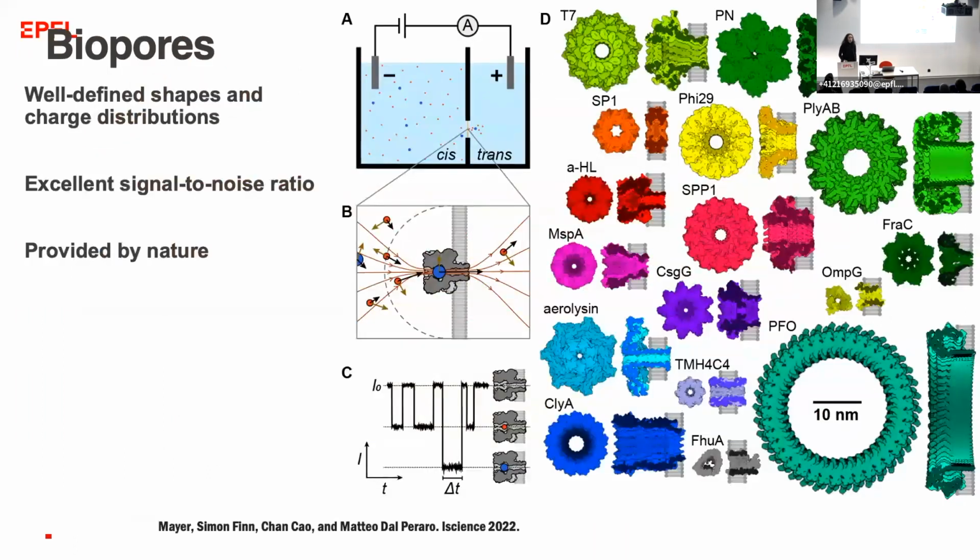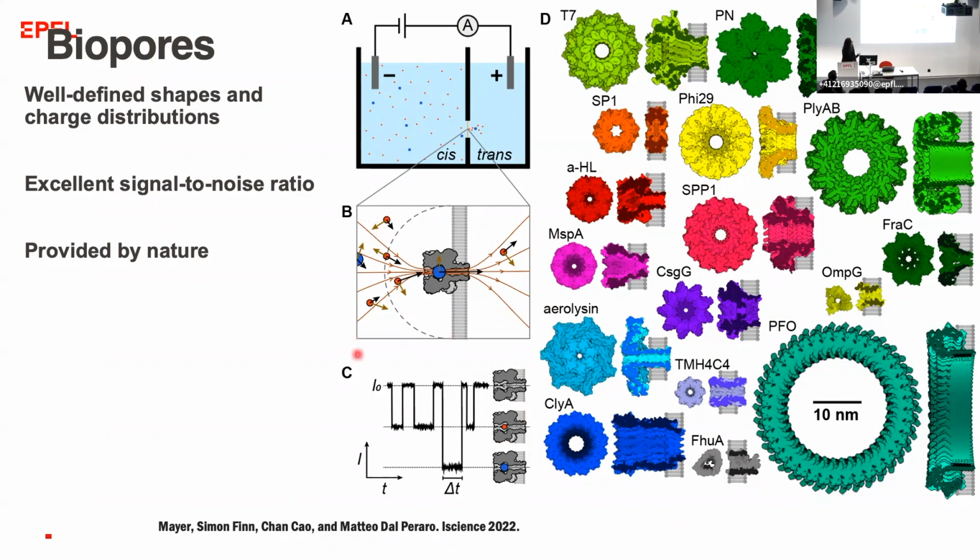Just to mention, there is big research in biological pores, and they are up and coming, and people are very excited about them because one very good advantage over what we can make as engineers is that when they are sufficiently small, such as the sizes of MspA, for example, or alpha-hemolysin, they fold almost always identically.